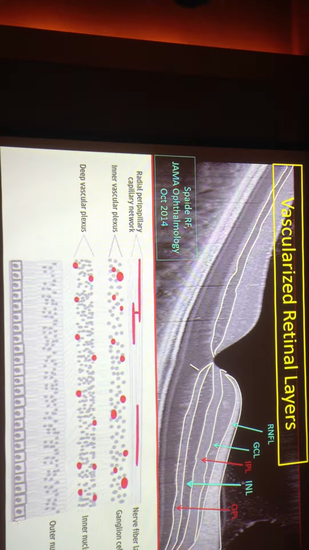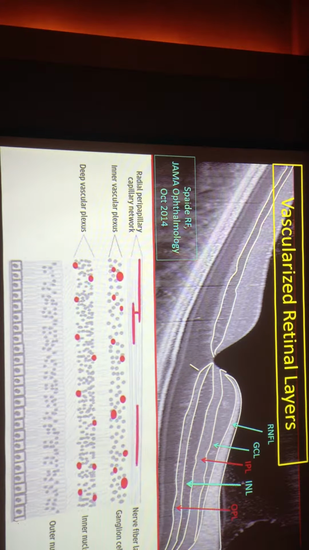So you can understand that all these images depend on the acquisition, first to be in the right place, to be perpendicular to the structure we want to observe, and all this analysis, when we have the images, depends on the segmentation.